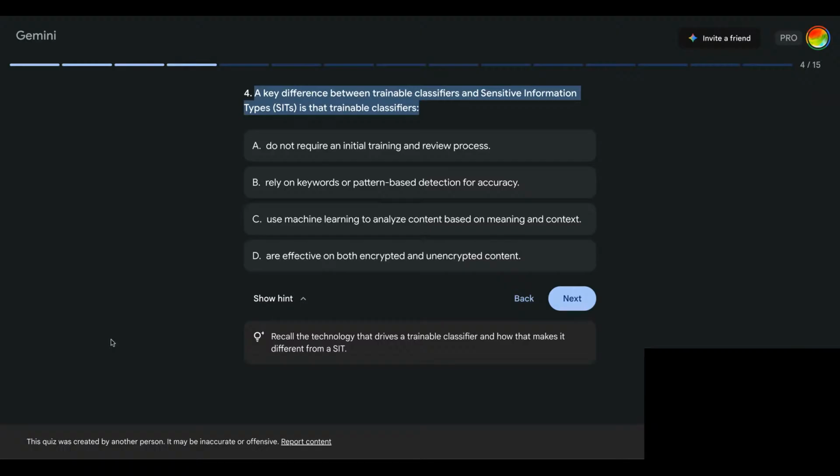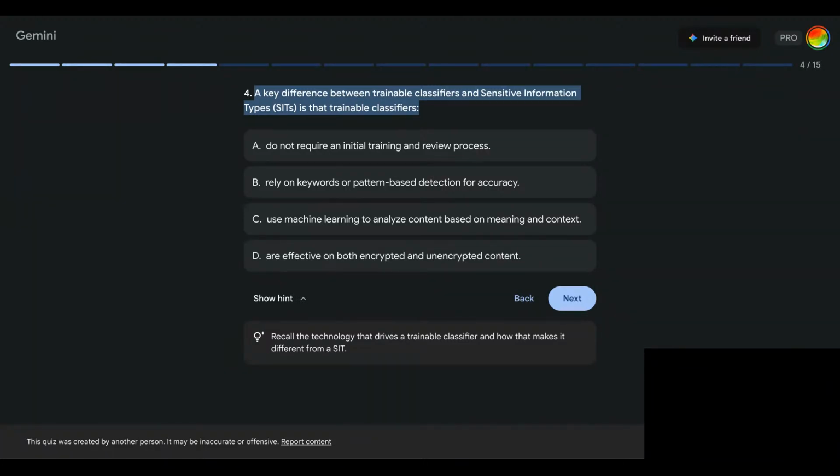Here's a hint. Trainable classifiers, they use AI. I think I gave you an answer. So what is the answer?